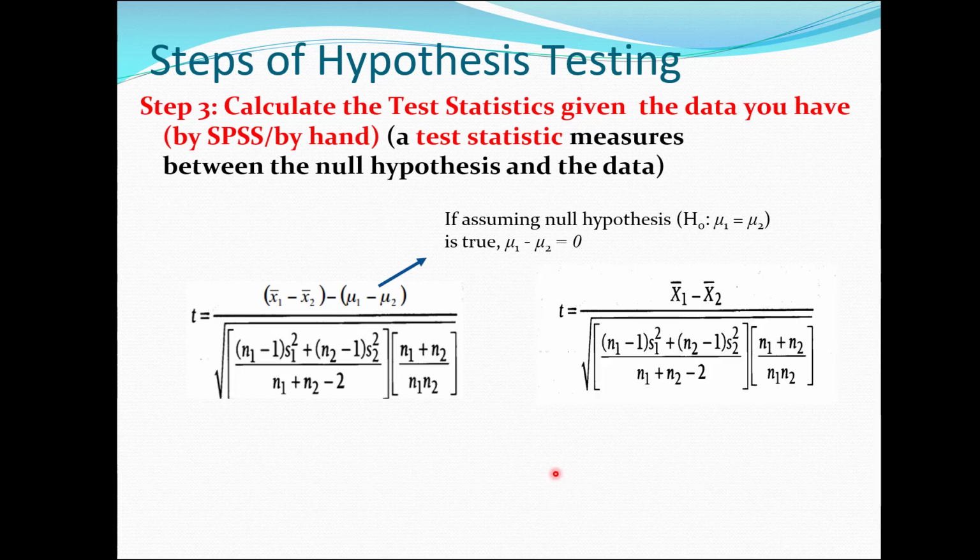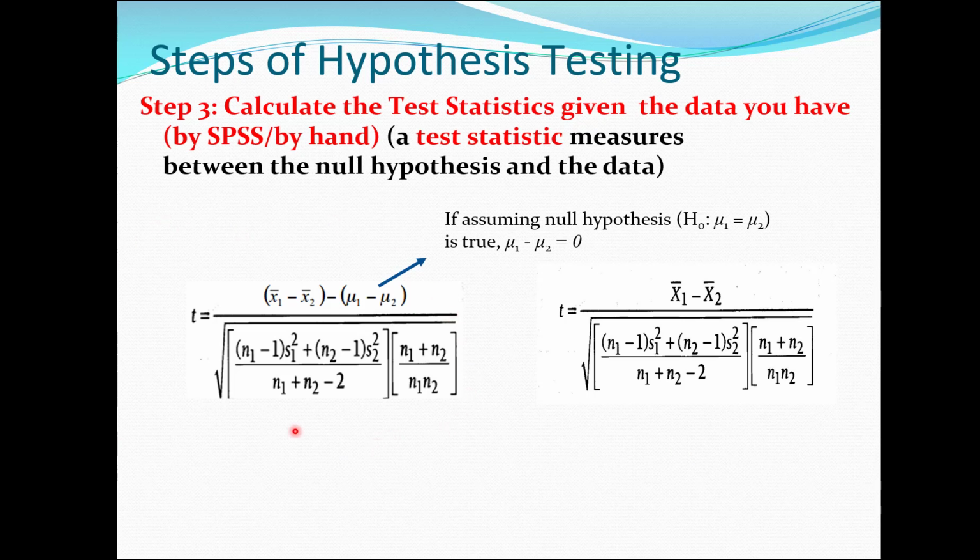With mu1 minus mu2 equals 0, now we have a new formula to calculate our t-test statistics. I believe in many textbooks showing the mathematical formula for calculating t-test statistics, they only show us this formula, leaving the other formula out.